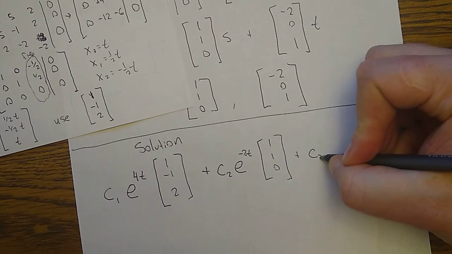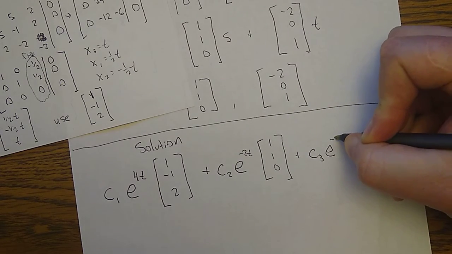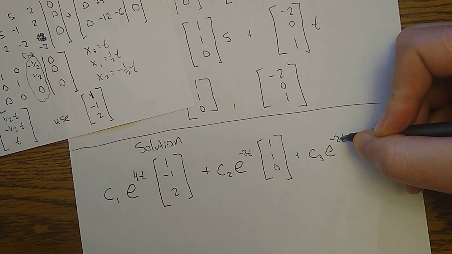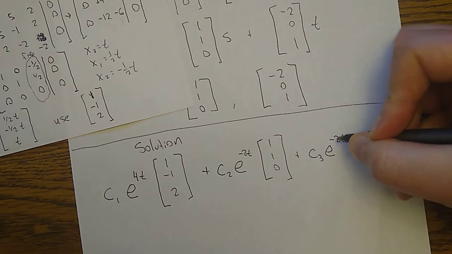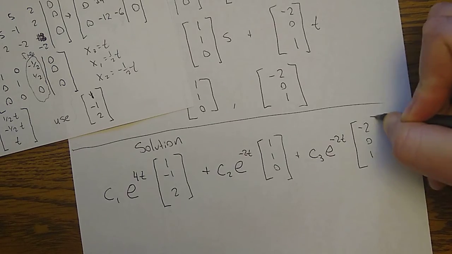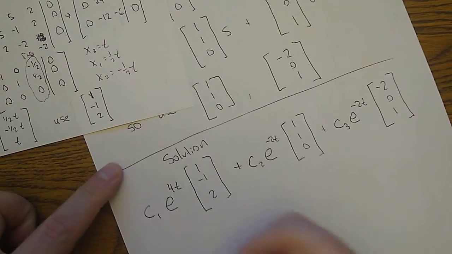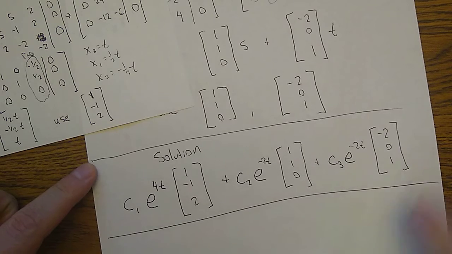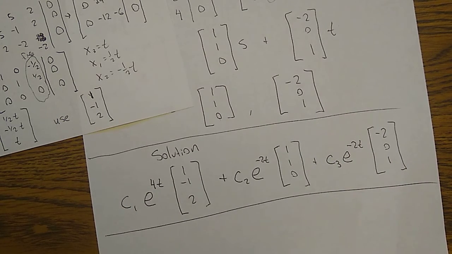Then I should have a C3, and because this eigenvalue was repeated, I need to repeat this one with its other eigenvector. And that's it. You just need to know how to put your answer together.